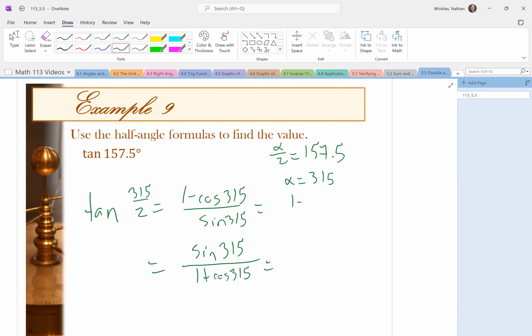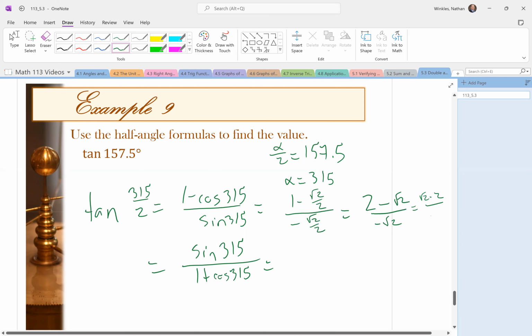So 315 is 7 pi over 4. So this is going to be 1 minus square root of 2 over 2 over negative square root of 2 over 2. So this is 2 minus square root of 2 all over negative square root of 2, which is the same as root 2 minus 2 over square root of 2.